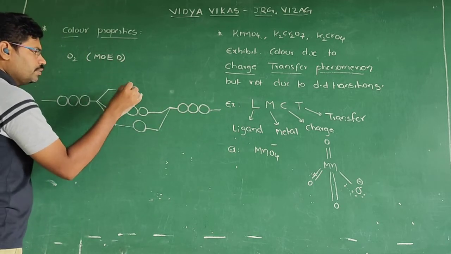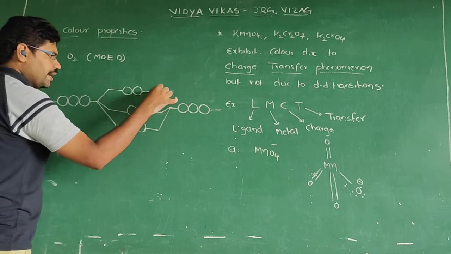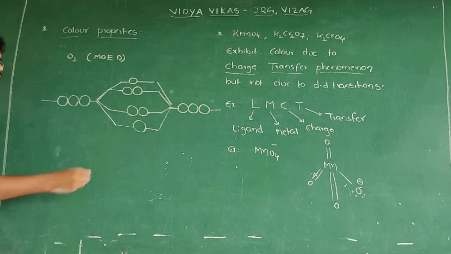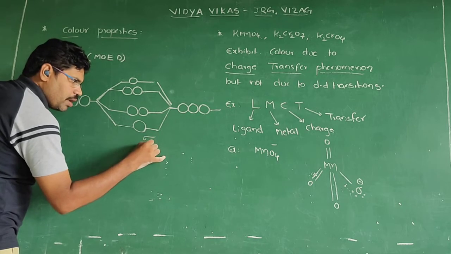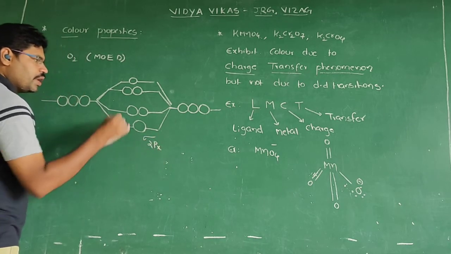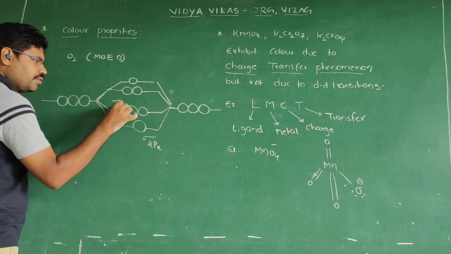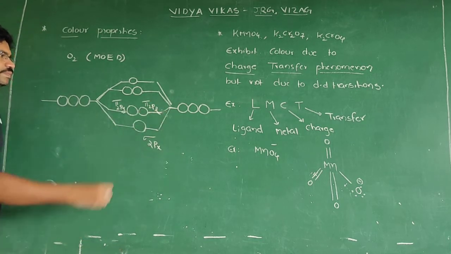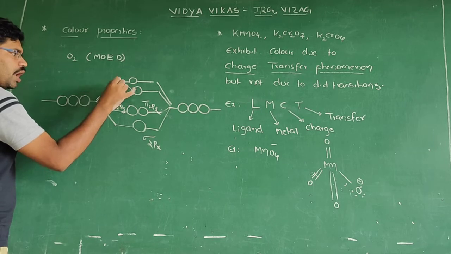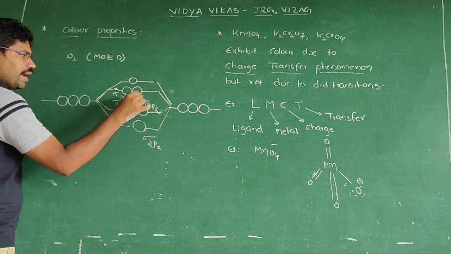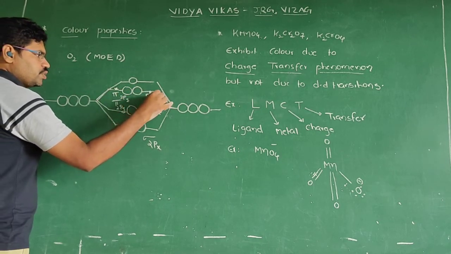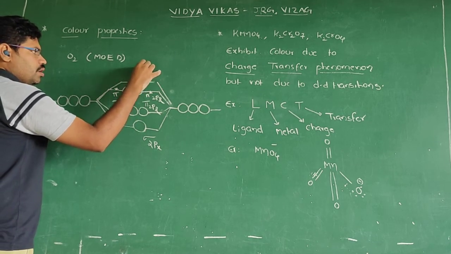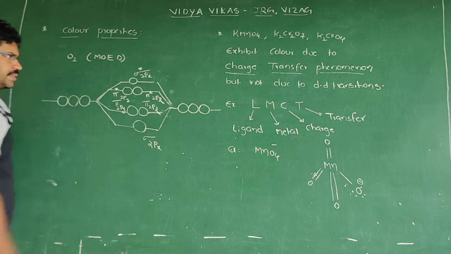Friends, I remember these diagrams in our chemical bonding chapter. So this is, I think, sigma 2px, and this is pi 2py, and this is pi 2pz, and this is pi star 2py, and this is pi star 2pz, and this is sigma star 2px.